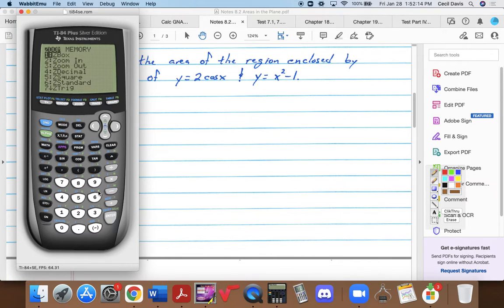And I'll do a zoom standard just so I can take a look at this, knowing that it's probably too small. That's not too bad. Let's zoom in at least a little bit on it.